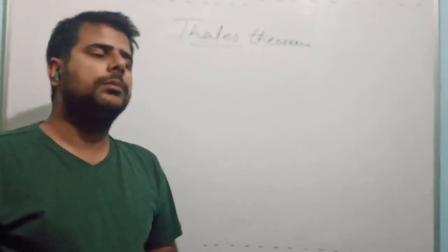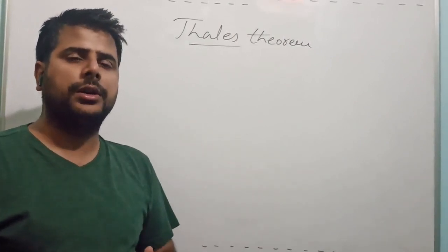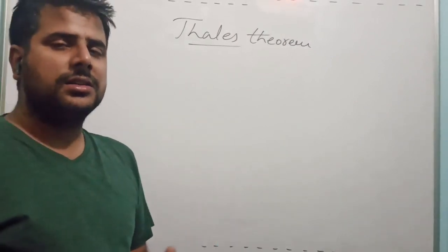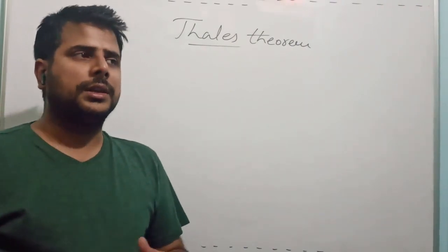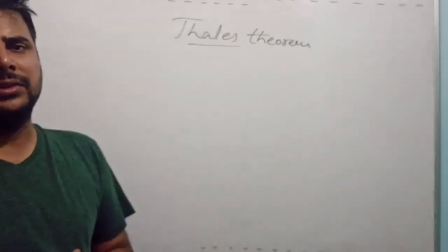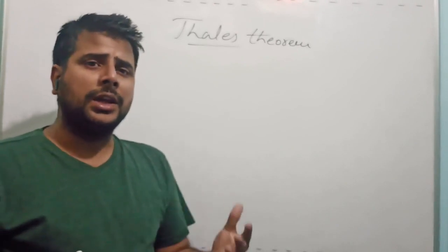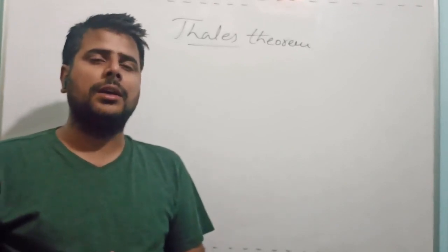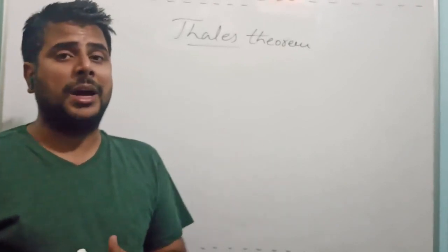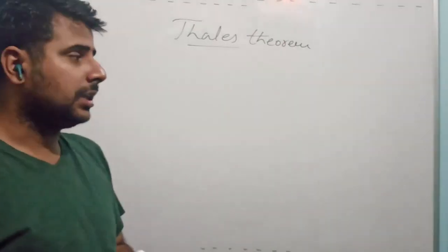Now, dear student, before going into the question, I just want to discuss a very important part over here. Many times students get confused when we try to rotate or orient a triangle and orient the parallel line in it. Let's see what I'm saying.